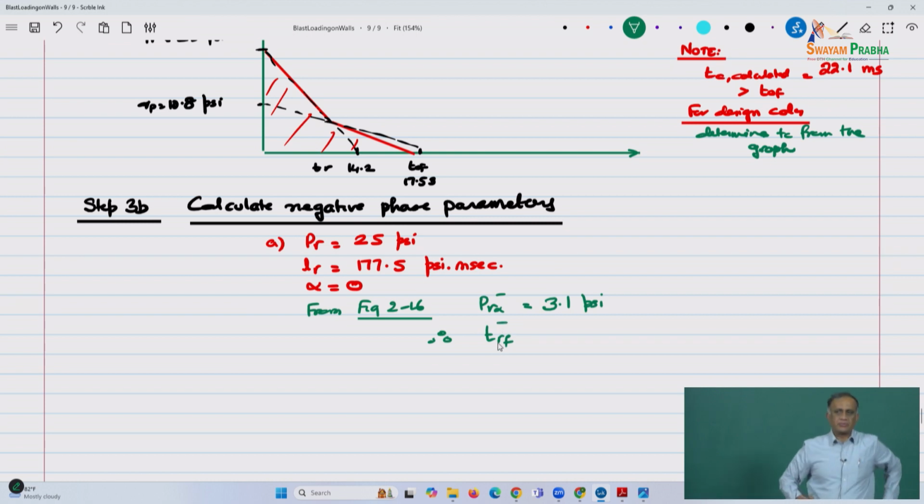I didn't quite show you this part of it in my earlier explanation, but it's the same process. TRF negative is 2 times IR alpha negative impulse divided by PR alpha negative. The IR alpha negative can also be calculated.